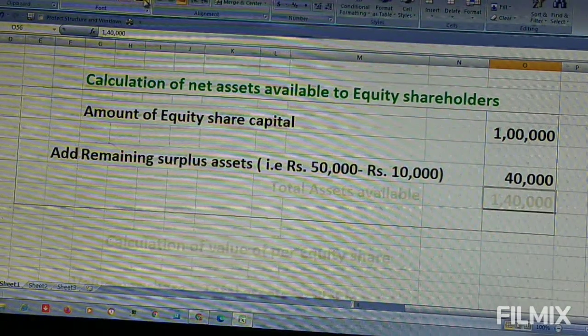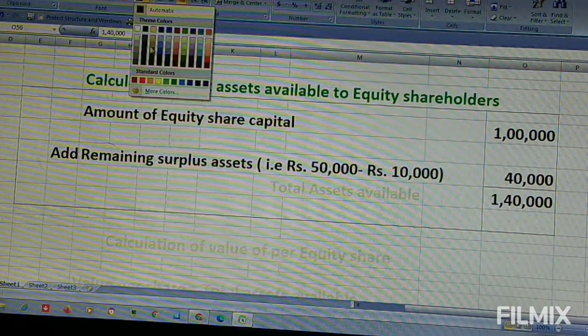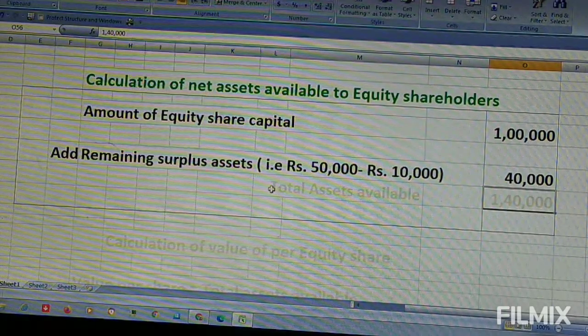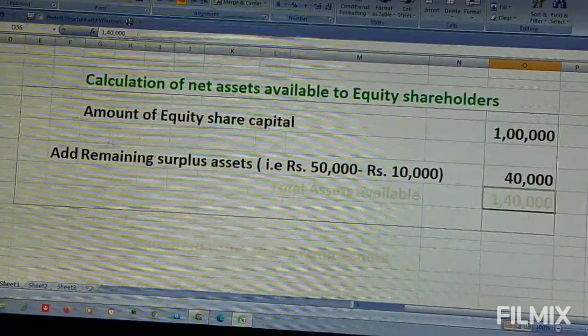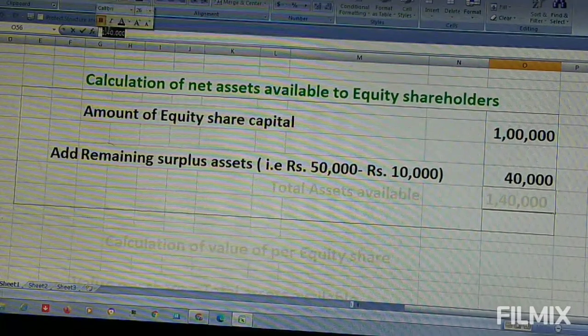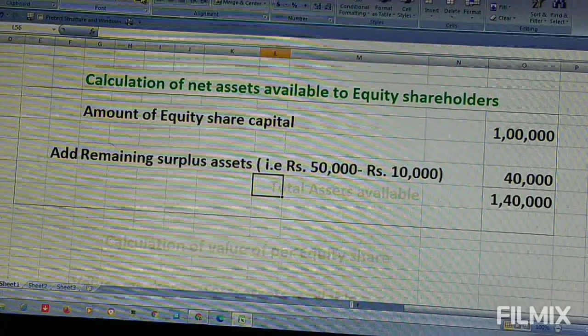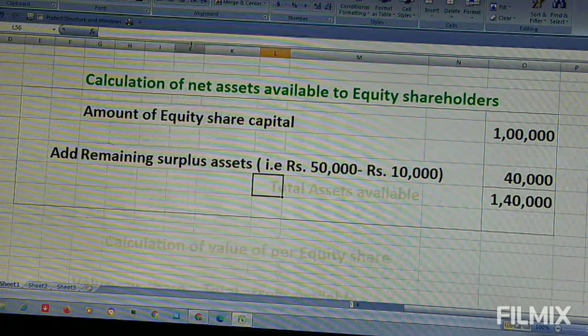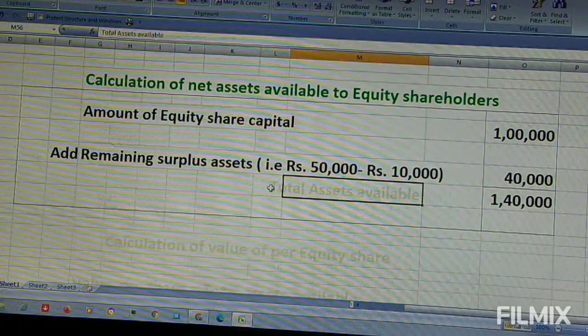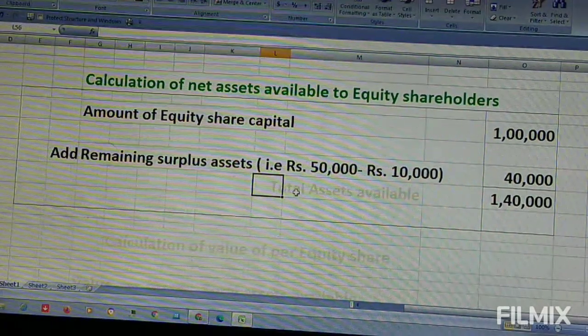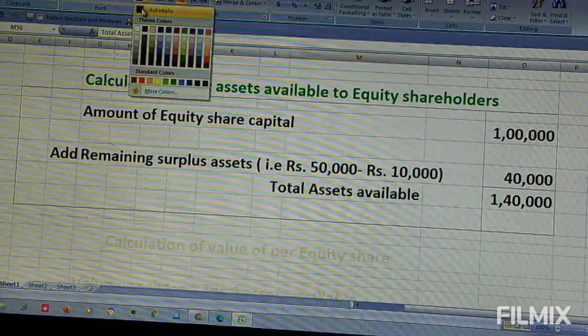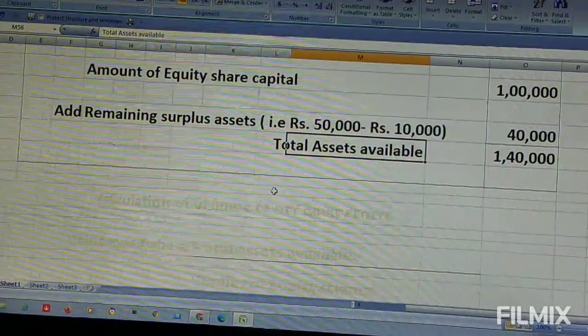Together it is 1,40,000. So 1,40,000 is the total assets available to equity shareholders.